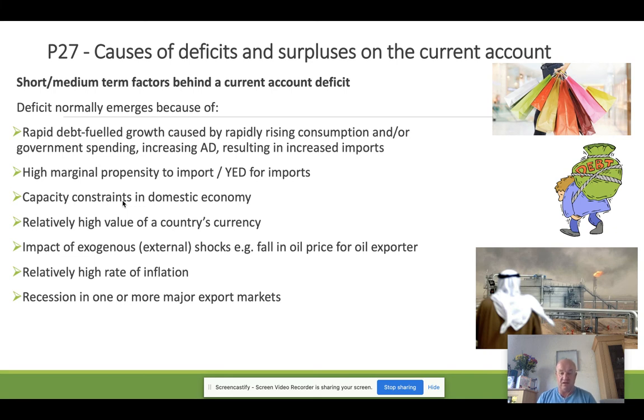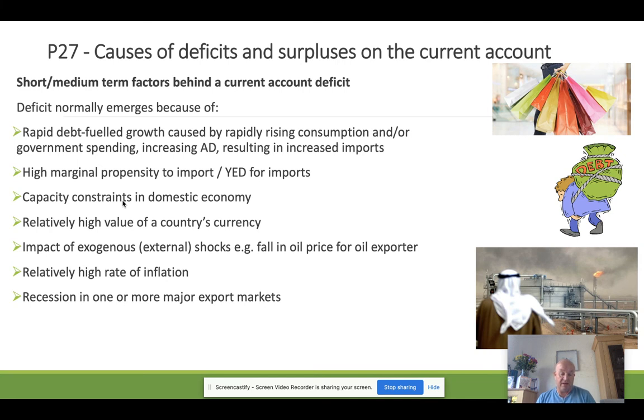And obviously, as the majority of the current account is going to be made up of the difference between imports and exports, anything that is going to then fuel imports is going to cause current account deficit in the short term. Okay, there might be some capacity constraints within the domestic economy.